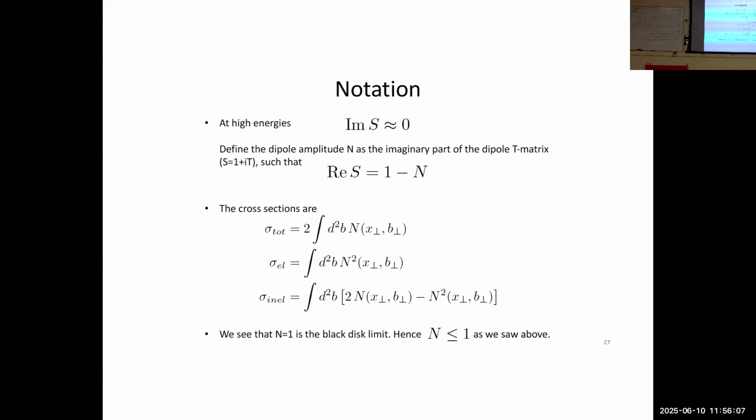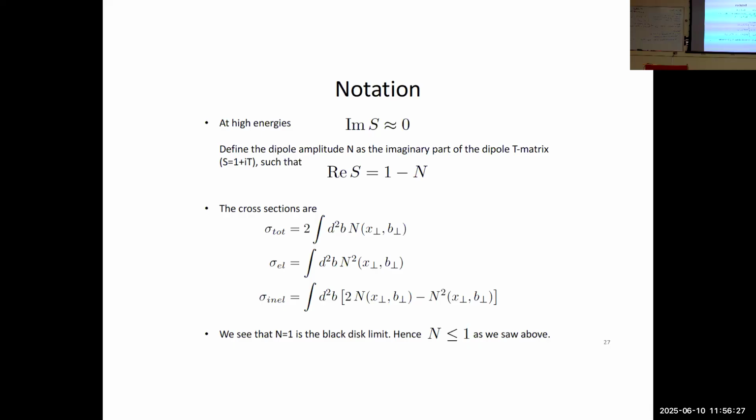But you can see right away that when n approaches 1, you have n plus n minus n squared. If n is 1, you have 1 plus 1 minus 1 minus 1, the right-hand side goes to 0. So when you approach the unitarity limit, the black disk limit, the right-hand side vanishes, and then your energy dependence dies off, right?